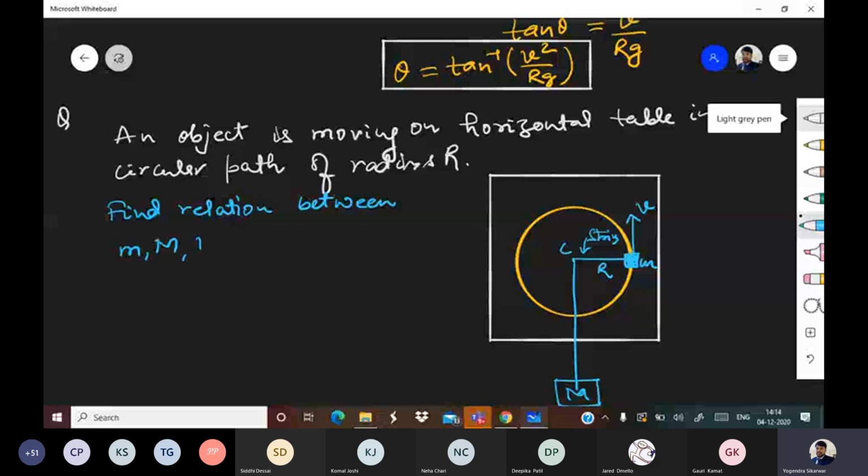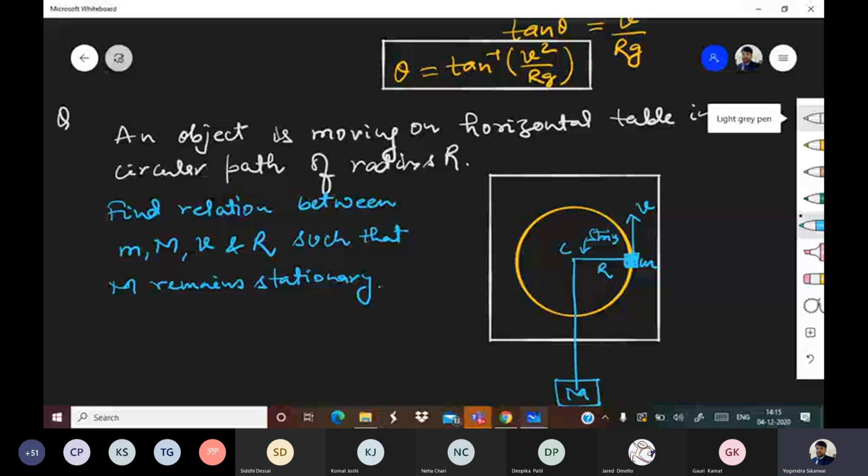So let me again explain the question. There is a horizontal table, and that table is smooth. So that is shown by that rectangular table. On that table, there is a small m mass which is moving on a circular path of radius capital R, right? And speed of the small m is v.